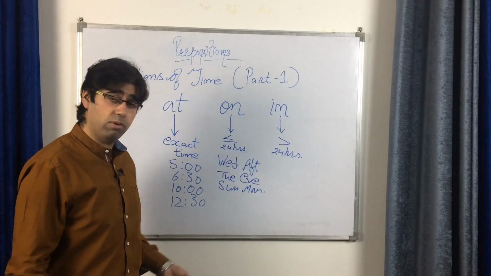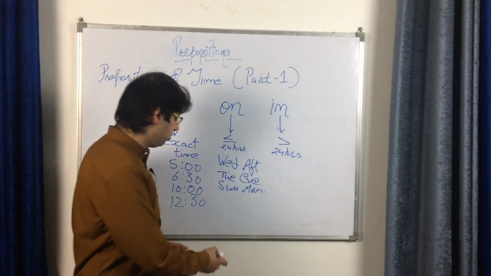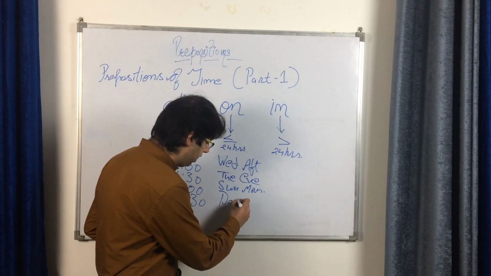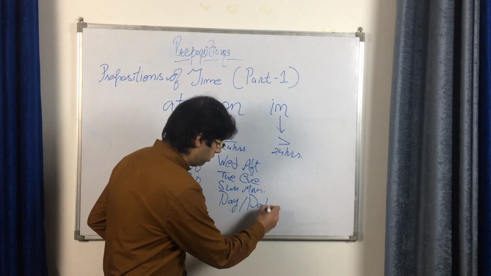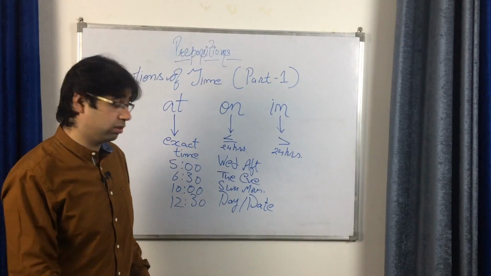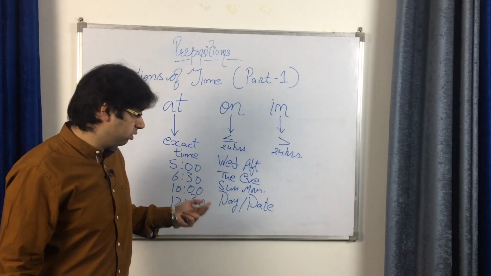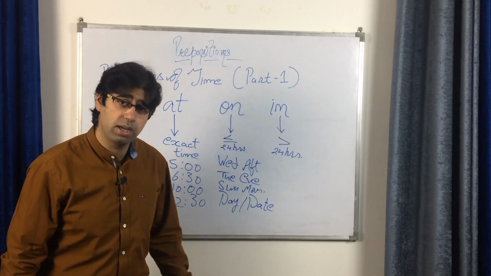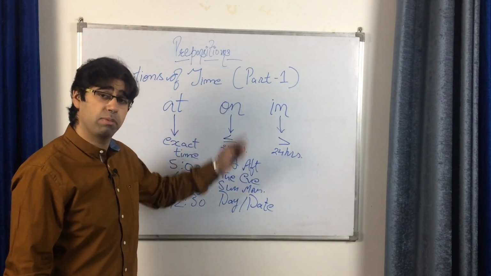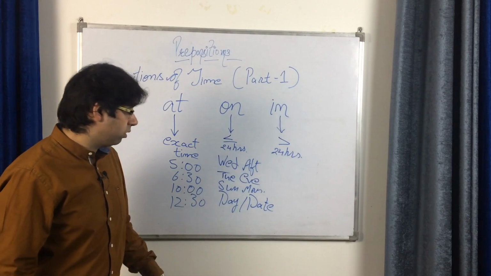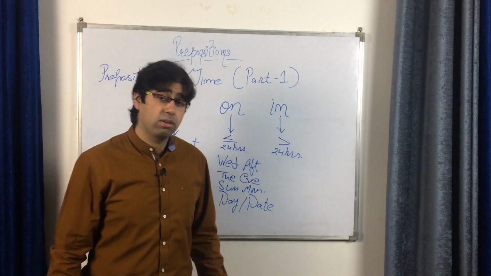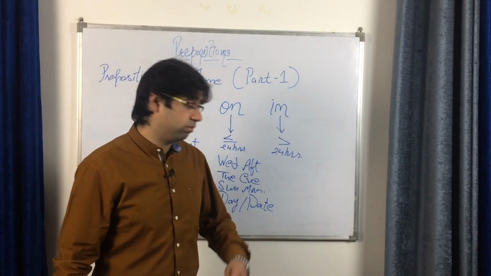Coming to equal to 24 hours, as you might have guessed, equal to 24 hours are all your days and your dates. Now, whenever I need to mention a date or the name of a day of the week in my sentence, I'm going to utilize the preposition on again. For example, we had a great time on Tuesday.